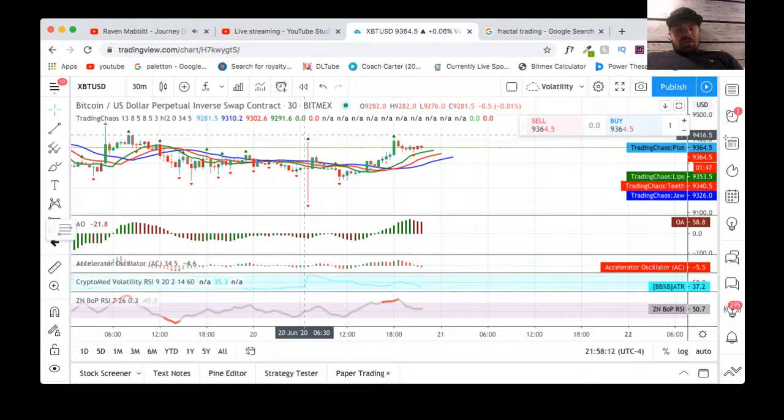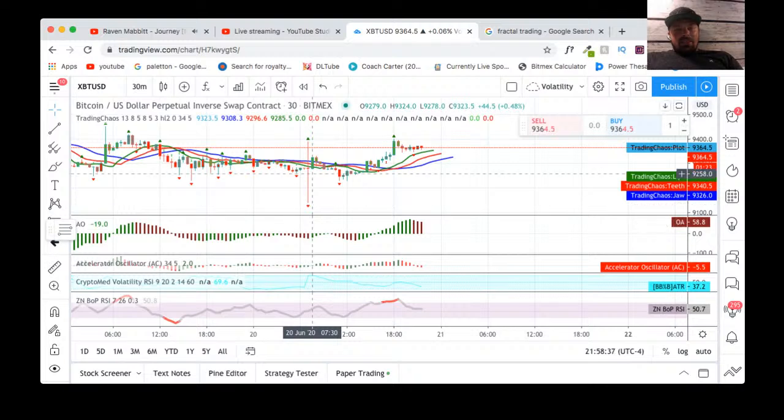So I wouldn't have traded this because the saddle was saddling here on the AO. Like I said, a saddle is when it closes on the 0 line and it gets thinner. This area here is like a saddle point, and a lot of times after a saddle, there's a big move. So I would have tightened up my buys and sells and traded the fractals.